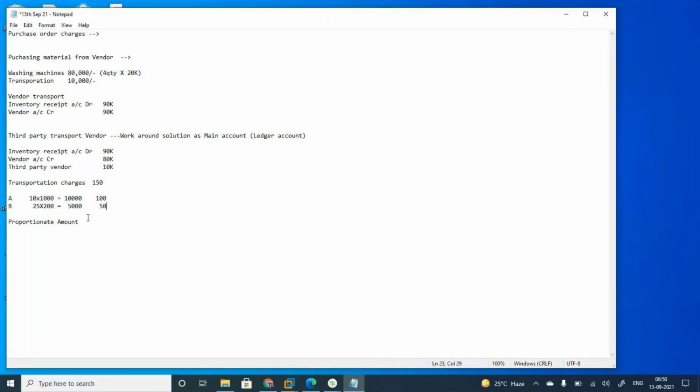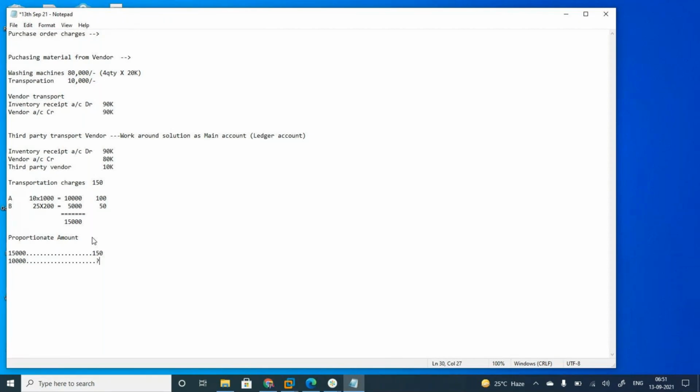How was it calculated? What is the total amount? 15,000 total amount. Agree with me? If it is 15,000 amount, transportation charges are 150. Then if it is 10,000, what are the charges? This is like the time and work calculation we learned in 8th, 9th, 10th standard.